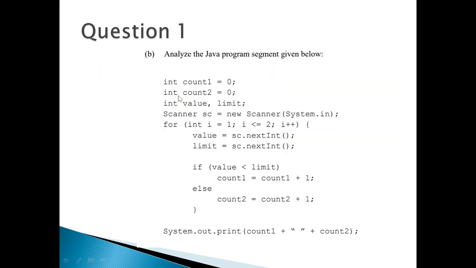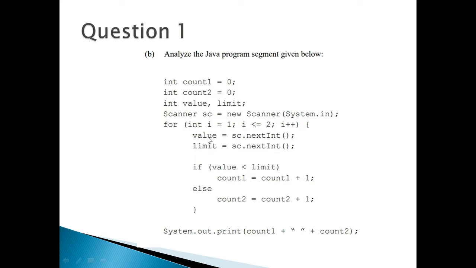In the program, the first part assigns count 1 and count 2 equal to 0, and then you declare the value as an integer. Then there is a for loop, and inside it there is an input statement for value and for limit.